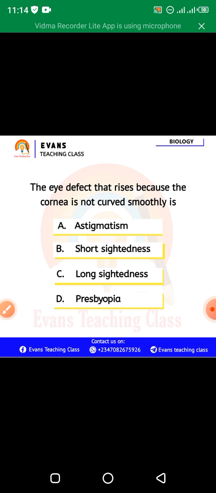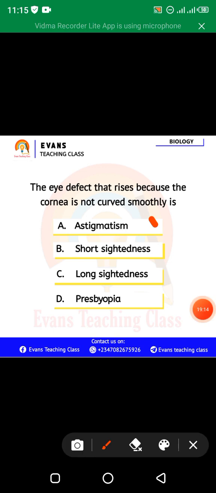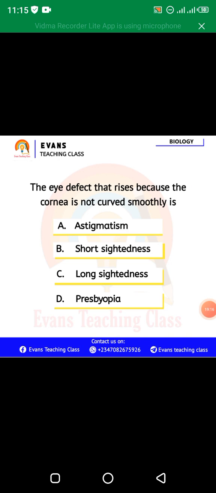You are going to use a cylindrical lens to correct your eye defect. What you will notice is that you will not recognize a straight line because your cornea is not smoothly curved, so to correct it you use a cylindrical lens. So our right option is option A. Let's move to the next.